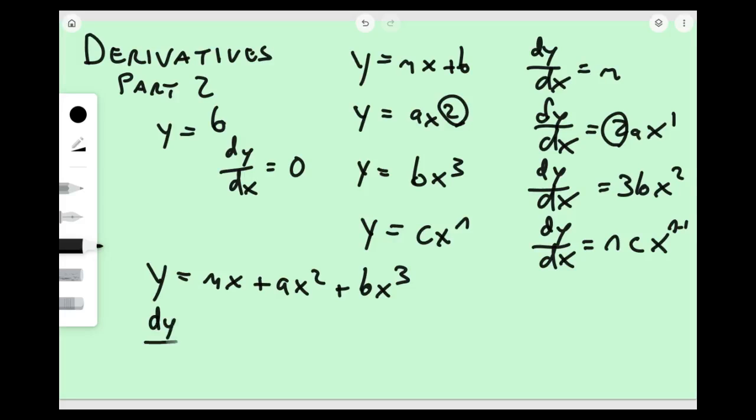So dy dx here equals m plus 2a x plus 3b x squared. And we can do this for more and more complicated functions.